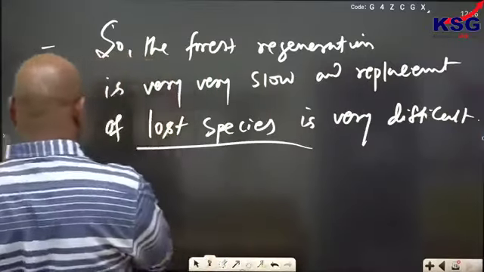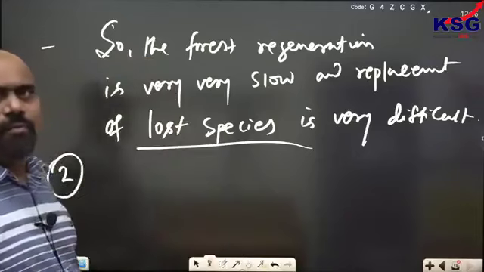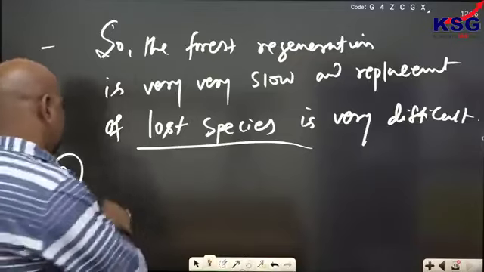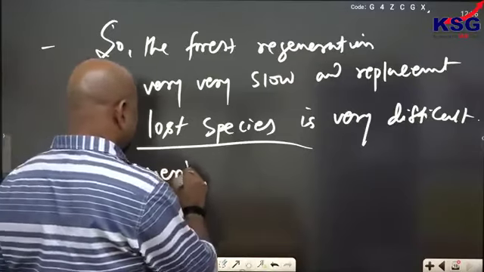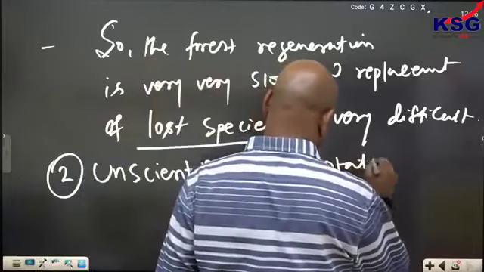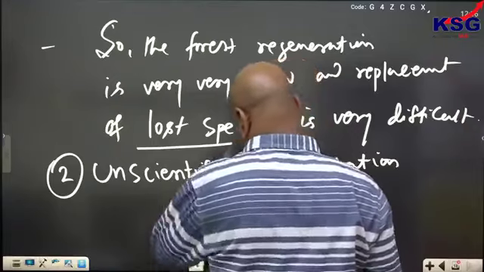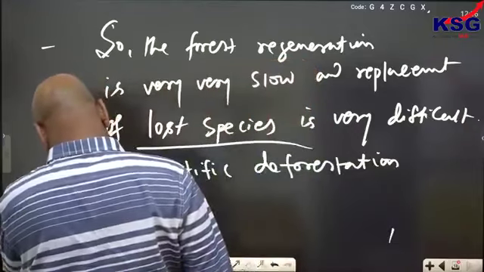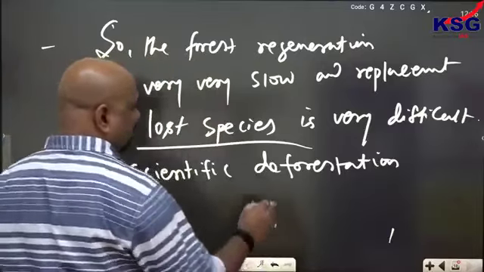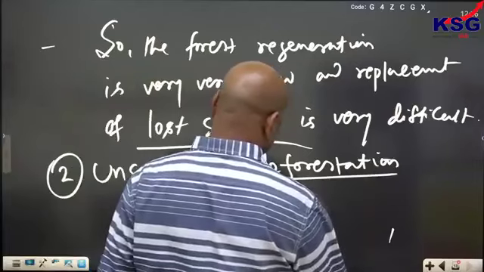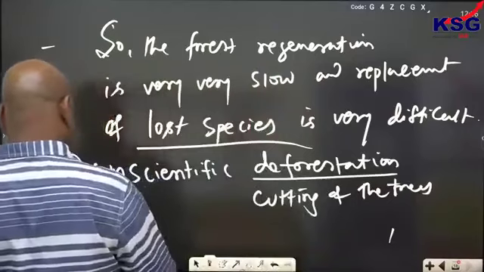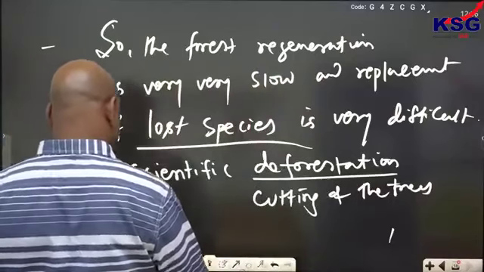Now, the second challenge or problem of this region is unscientific deforestation, or cutting of the trees for lumbering.